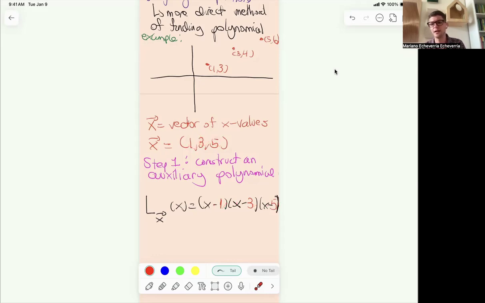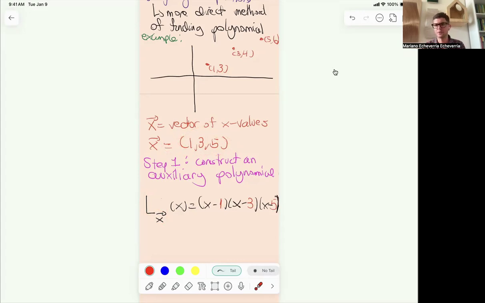The idea of setting it up this way is that the roots of this polynomial are precisely those values. The L is just the name of the polynomial, for Lagrange, and the x vector is just to say that it is going to be constructed depending on the entries of this vector.